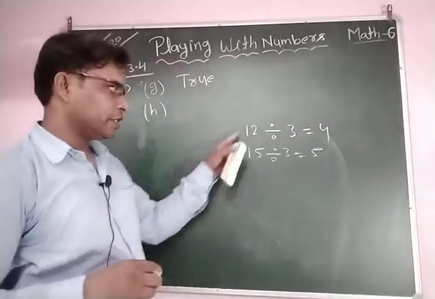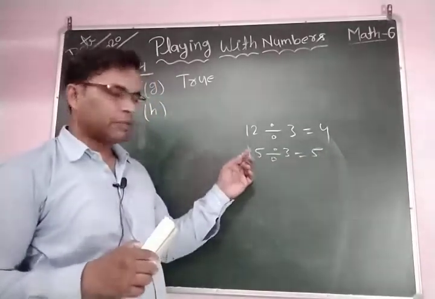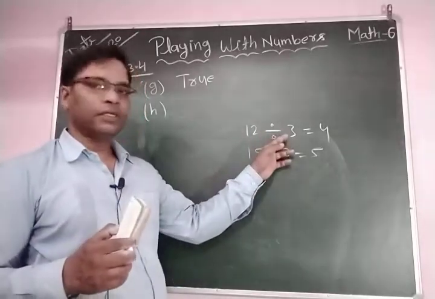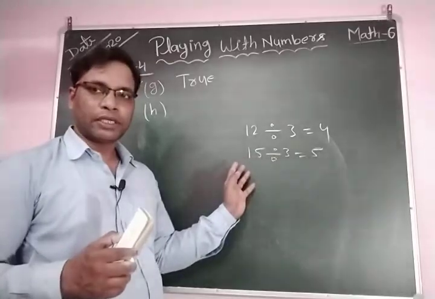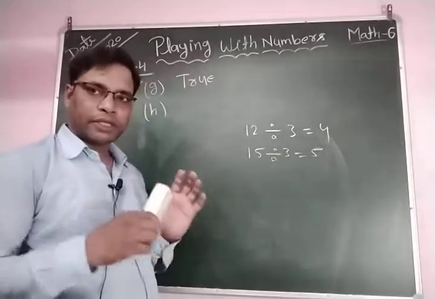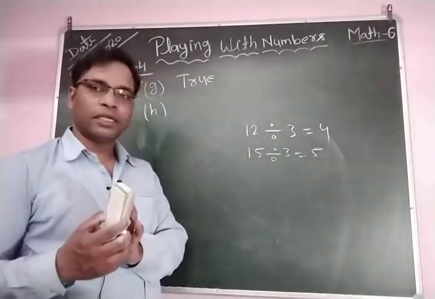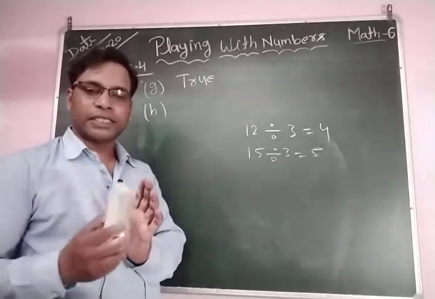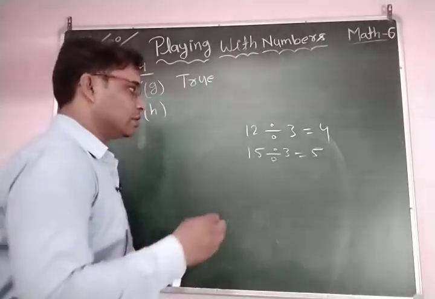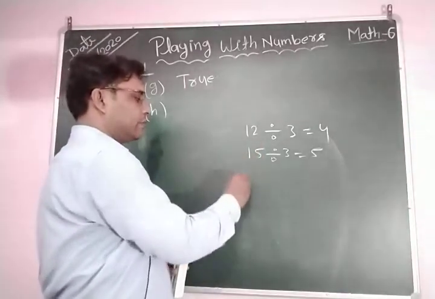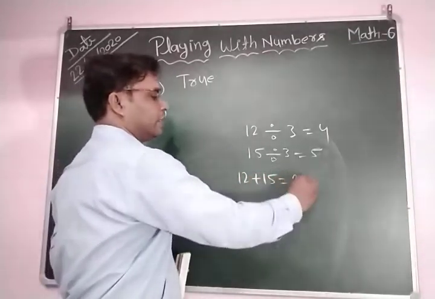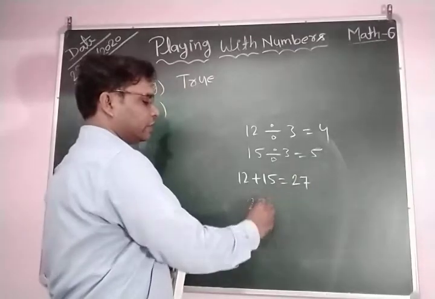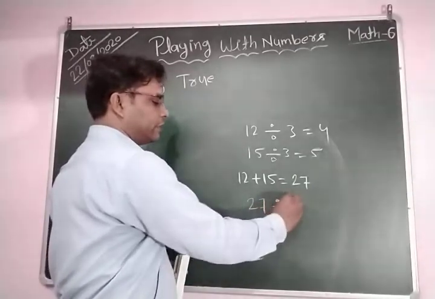So 3 divides 12 and 15 separately. Their sum, 12 plus 15, is 27, and 27 is divisible by 3.